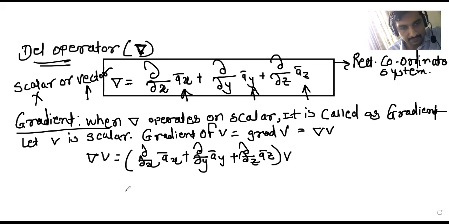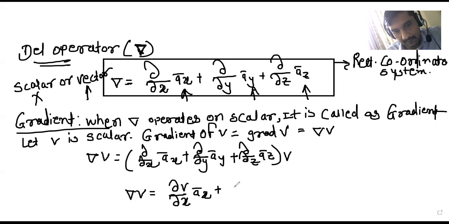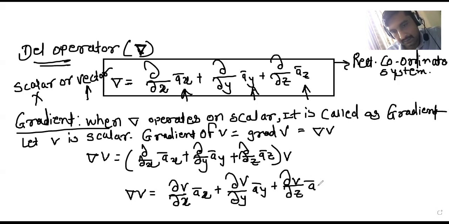So if I simplify this further, del V, that is the gradient of V, is equal to dou V by dou x a bar x, I'm taking the differentiation of V with respect to x, plus the derivative of V with respect to y, that is dou V by dou y a bar y, plus dou V by dou z a bar z.